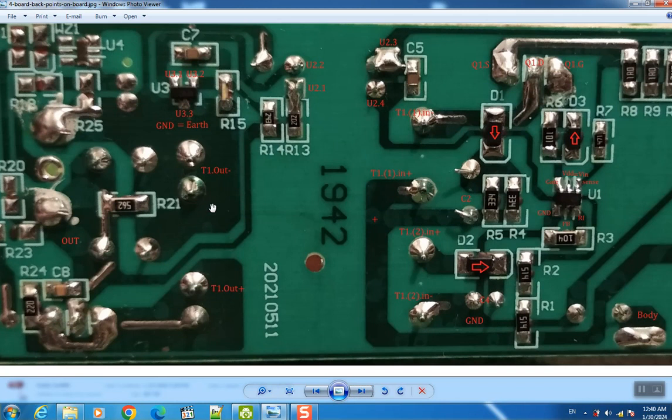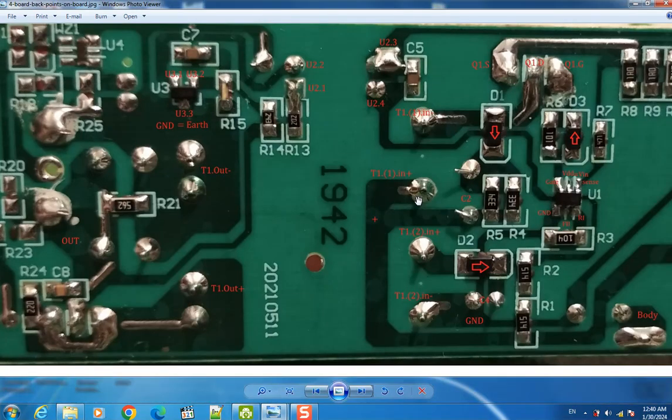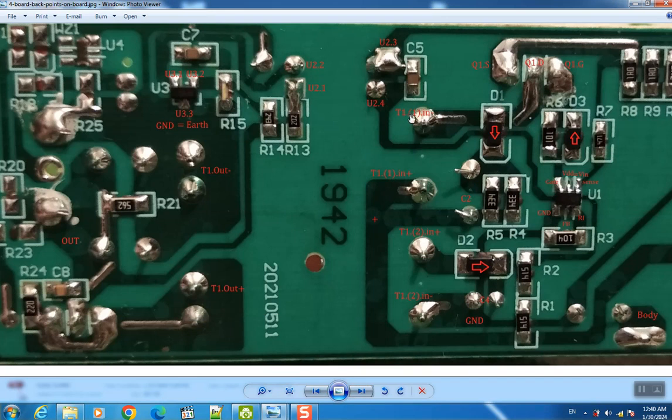T1 out plus, T1 out minus are these ones. T1 unit 1 input plus, and this must be minus. I made a mistake here. T1 1 input minus.